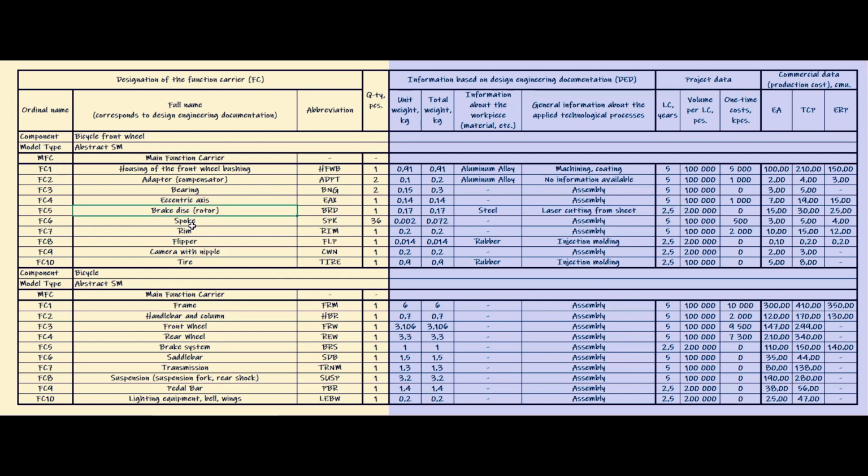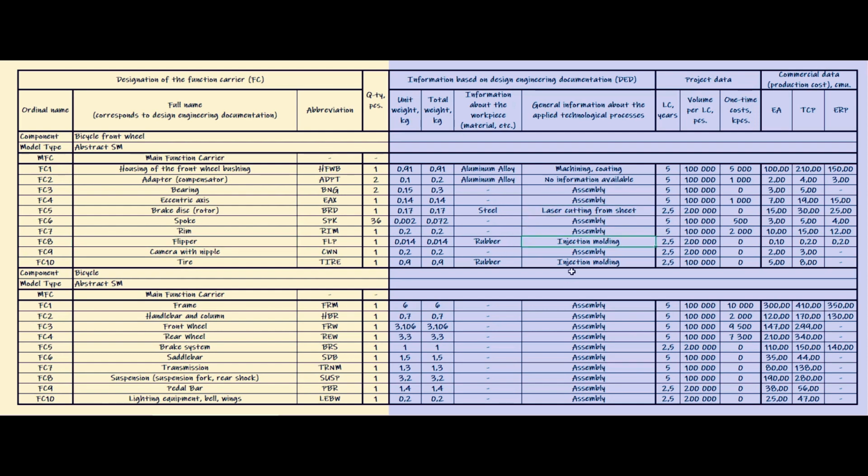One-time costs or costs of production equipment or R&D for individual components are equal to 0. This is due either to the fact that we use standard or purchased products in the design, bearing, camera, tire, saddle assembly, transmission, suspension, or to the independent production for the product by stencil or laser cutting on universal equipment, for example, flipper, brake disc.